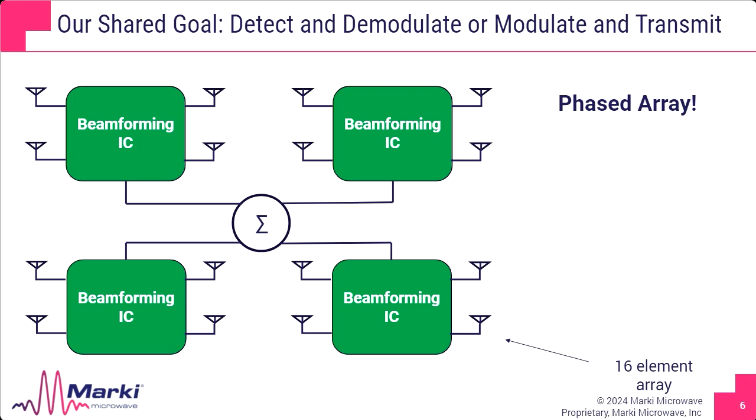Now, these are unique because they allow you to steer a beam electronically without actually physically moving an antenna. And this is a big upgrade from older systems that actually mechanically rotated to scan different areas. Now, here's the high level of how something like this works. Instead of one large antenna, a phased array uses an array of many smaller antennas, and then uses things called beam-forming ICs, which can adjust the phase of the waves that each antenna sends out, well, the phase and the magnitude of it.